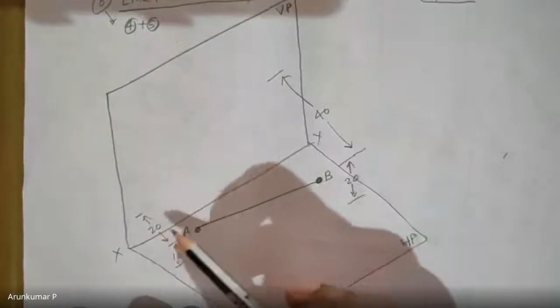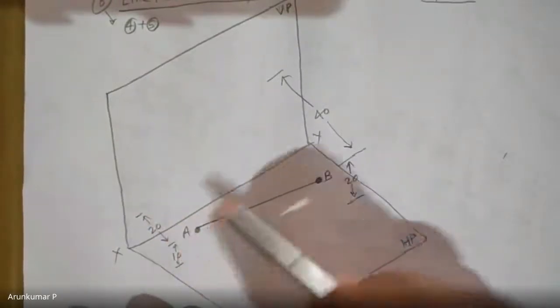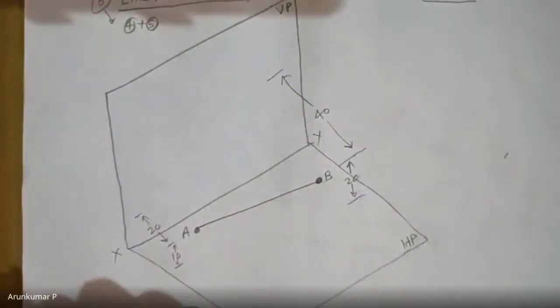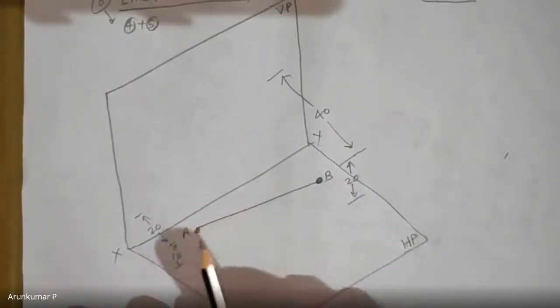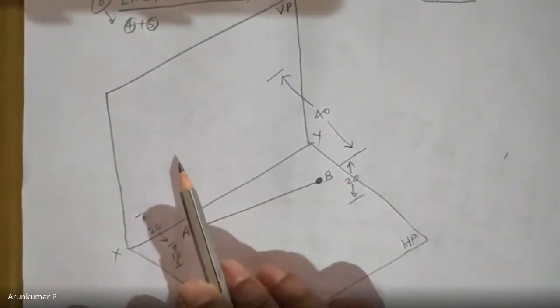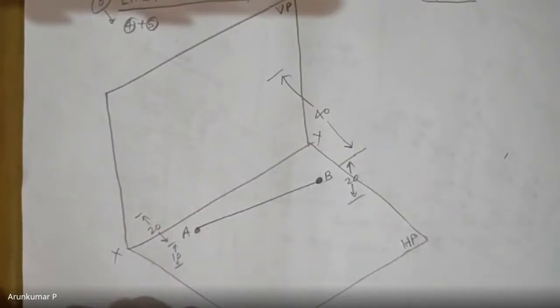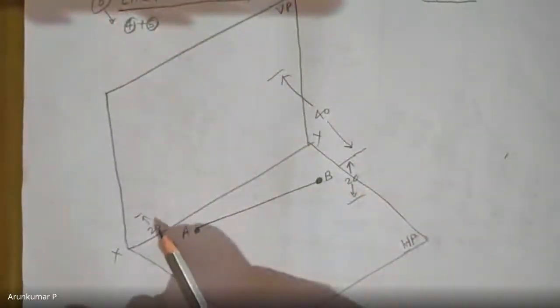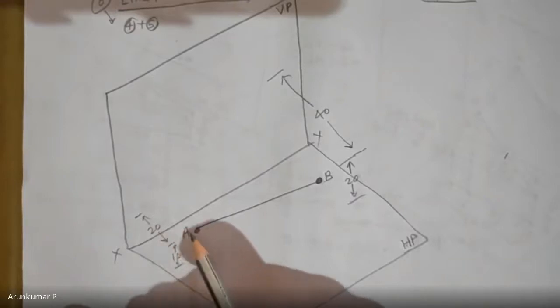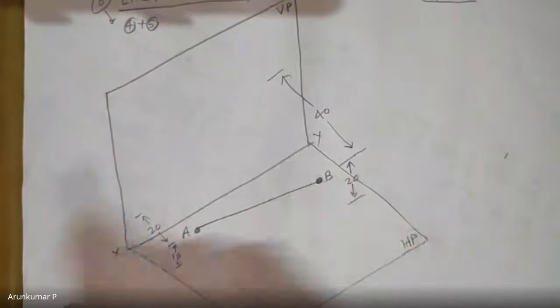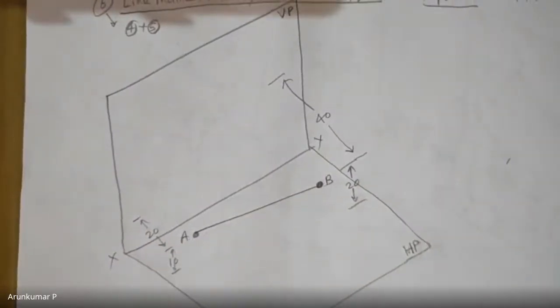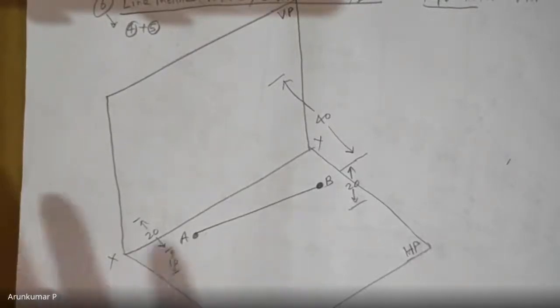So what I was saying, end A is 20 mm in front of VP and end B is 40 mm in front of VP. So it is very clear that AB is not parallel to VP also. Had it been parallel, then end A would be 20 mm in front of VP and B also should be 20 mm in front of VP. It cannot be different distances. It has to be the same. So this is a line which is not parallel to VP, neither is it parallel to HP.